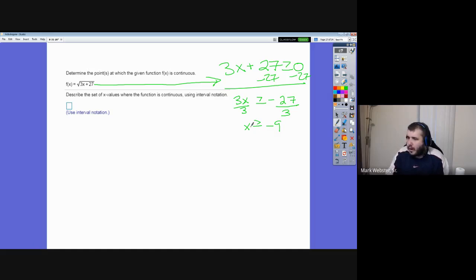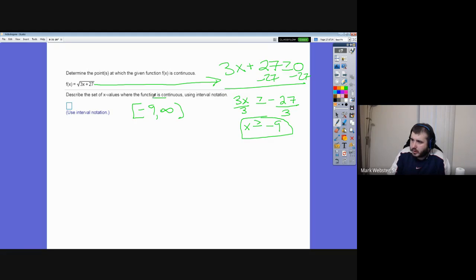And so when we are writing this, because this is our continuity area, right? We said, where is this working? Where is this going to happen? So this is our interval that actually works. It starts at negative 9, and it's equal to negative 9. And it goes all the way up to infinity.